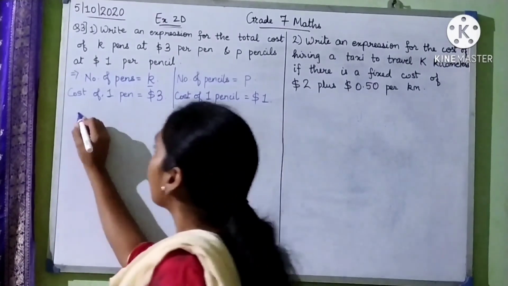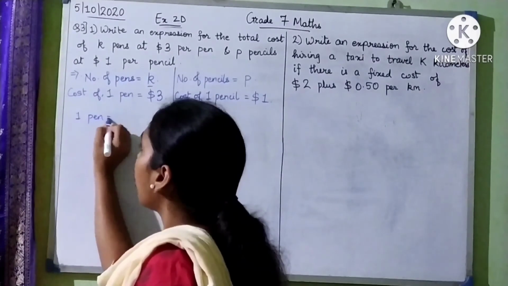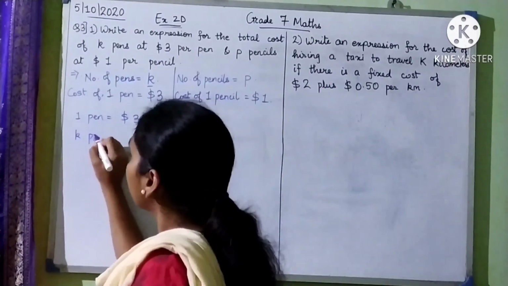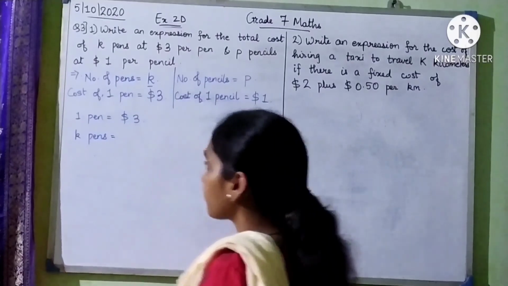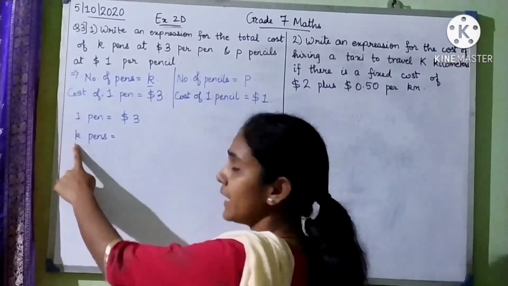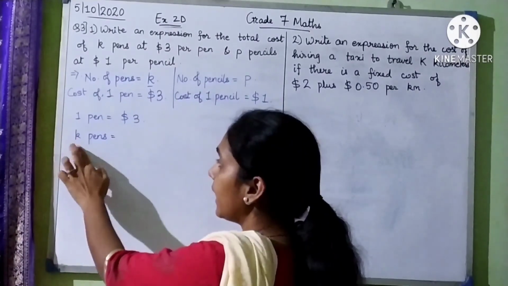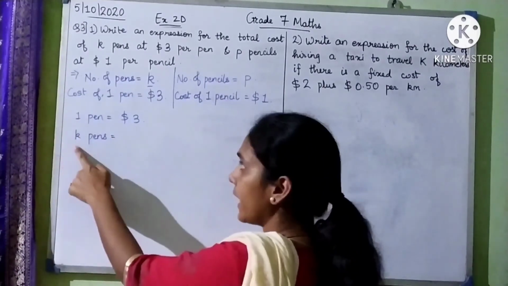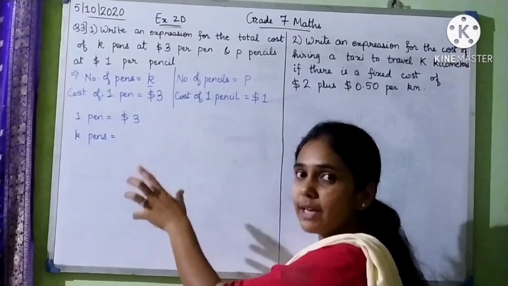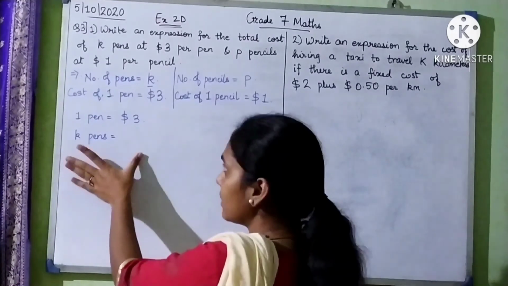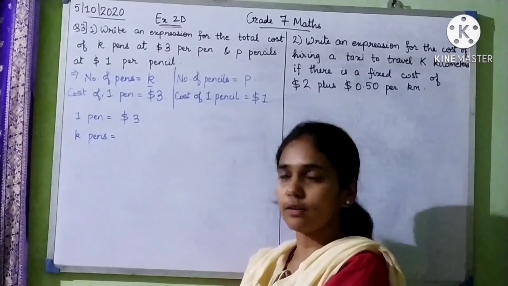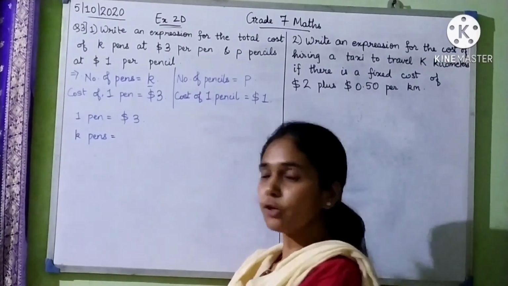One pen costs $3, so for K pens it would be what? See here, in place of 1, K has come. That means K is being multiplied to 1. So K into 1, I get K. So here also I have to multiply by K. This is very simple. You've been doing this from your 5th or 4th standard onwards, from your lower classes.